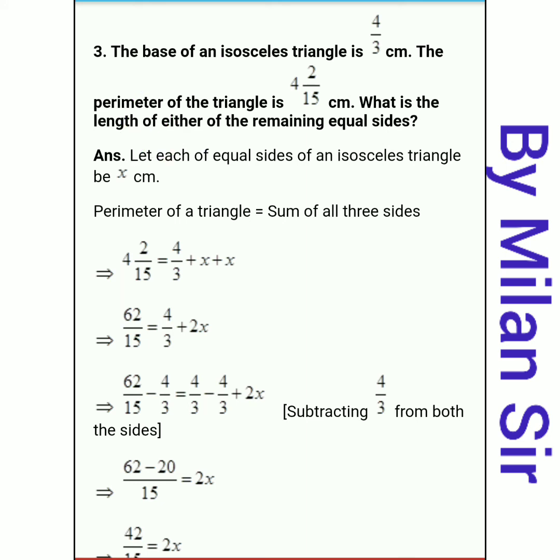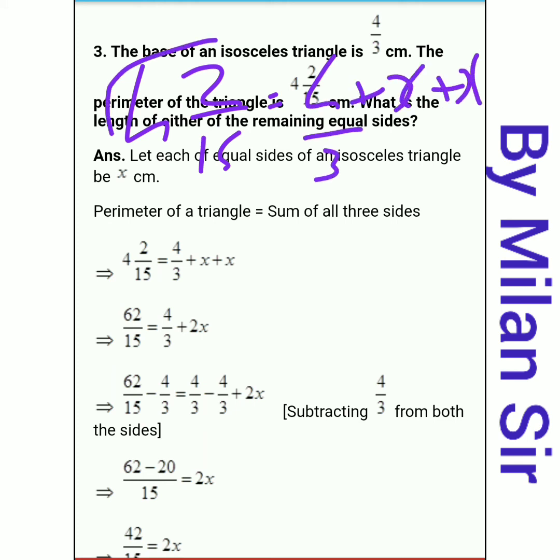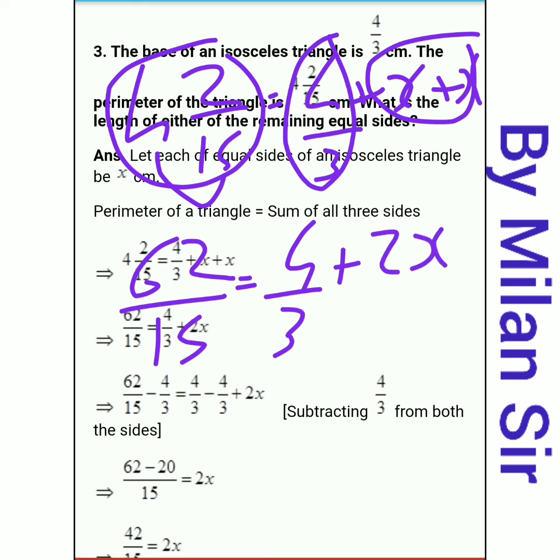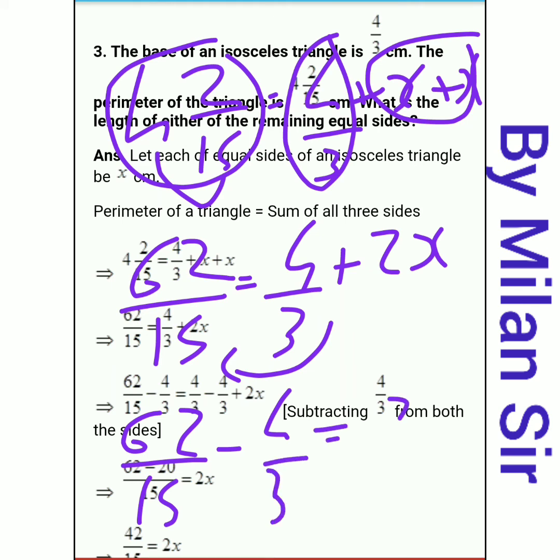So we have 4 2/15 equal to 4/3 plus x plus x. In place of 4 2/15, we write 62/15. On the right hand side, 4/3 stays as it is, and x plus x is 2x. Now transfer this 4/3 to the left hand side; plus becomes minus.